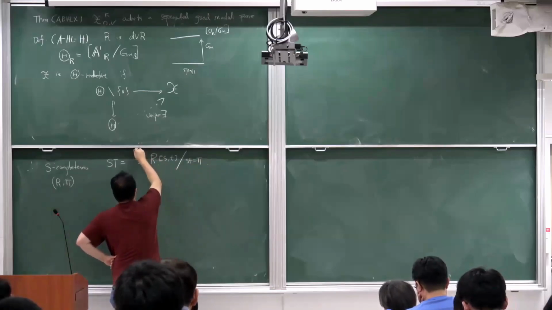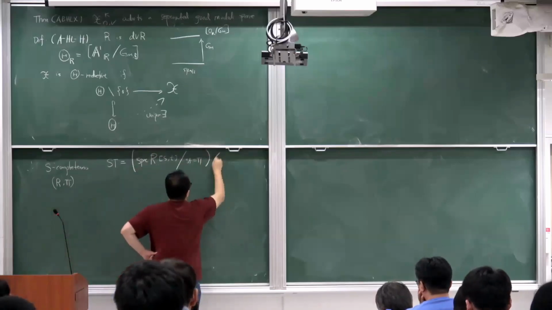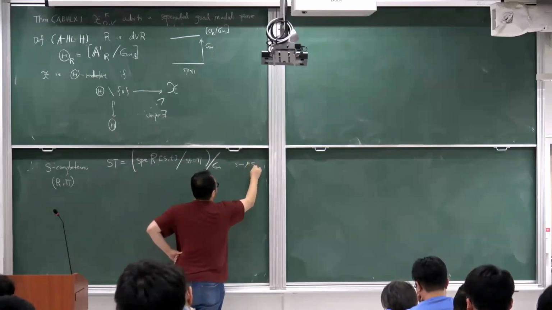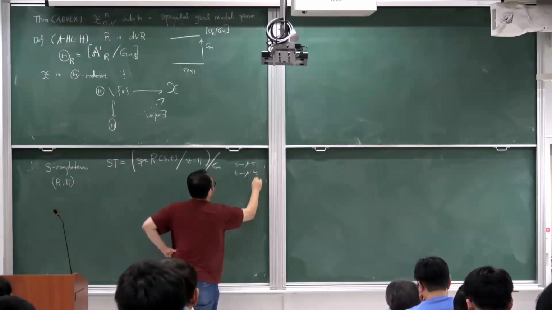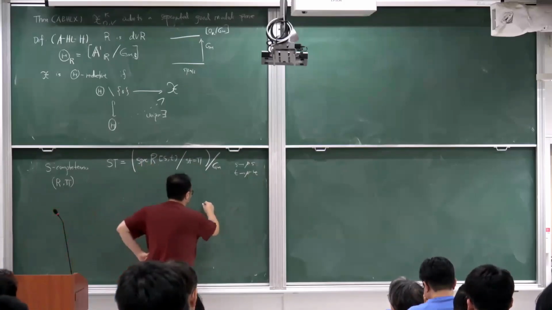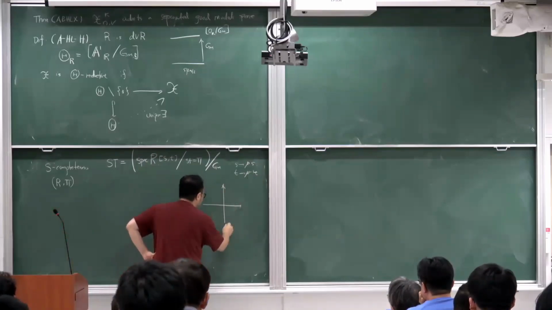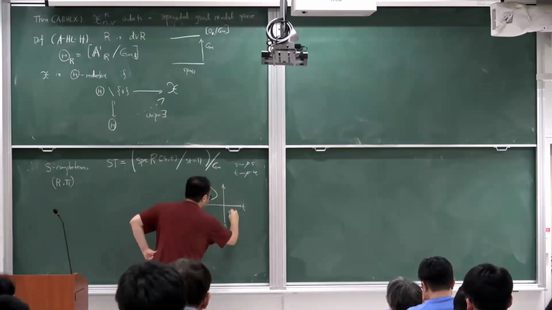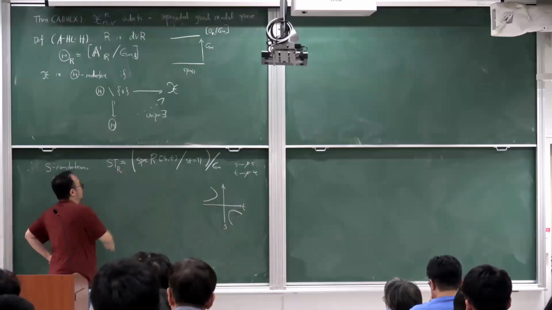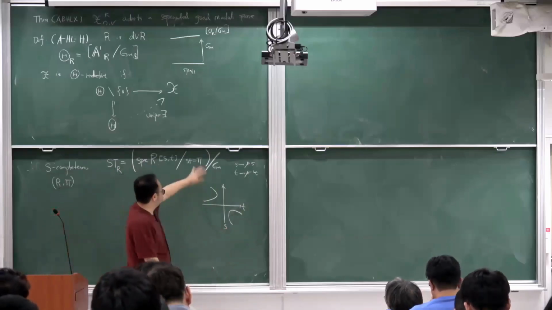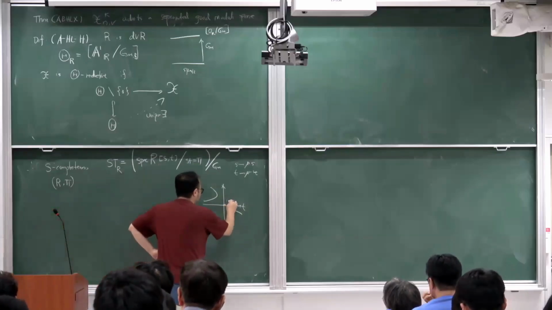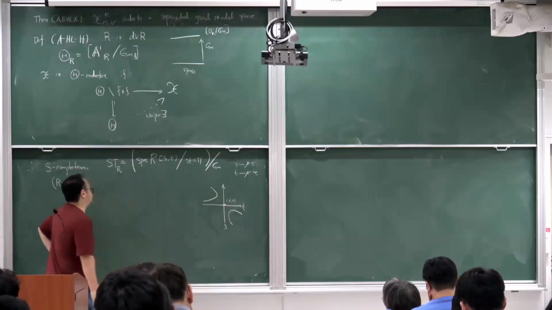And this again has a G_m action such that s has weight mu and t has weight mu inverse, so the weights cancel each other. If you draw a picture, this is ST, and R is like this kind of curve. This is called ST_R. Again, it's a surface with a G_m action, and there is a unique point given by 0, which is a gerbe.